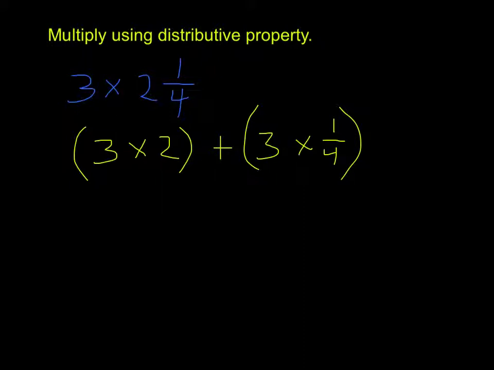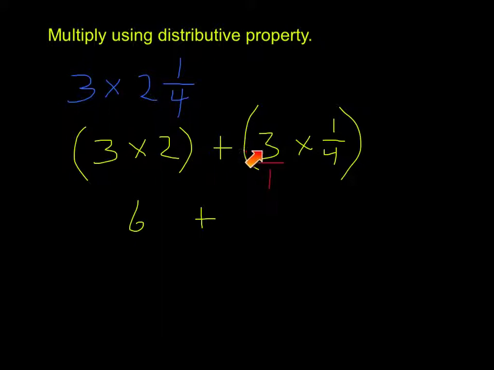So we know that 3 times 2 is 6, and we're going to be adding that to our 3 times 1/4. Now when we multiply a fraction by a whole number, it is like placing a 1 below our whole number, and then we multiply straight across. So our numerator then becomes the 3, and our denominator becomes a 1.